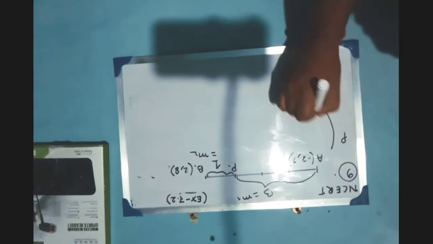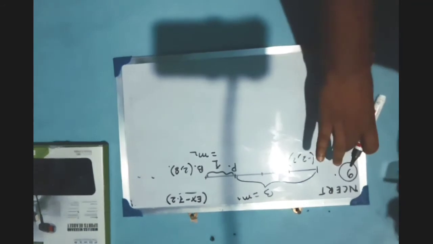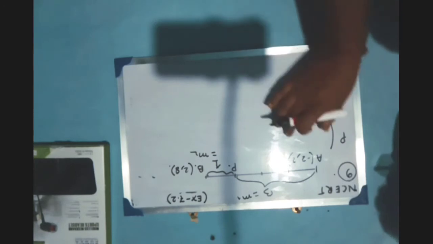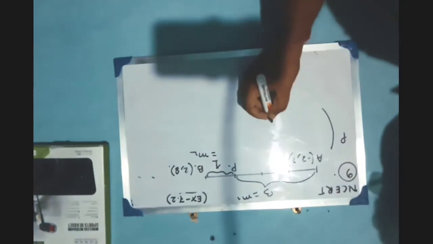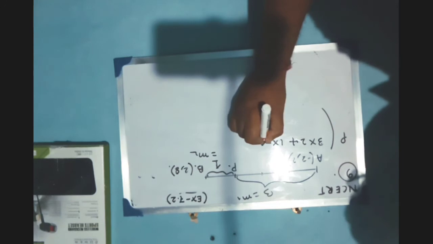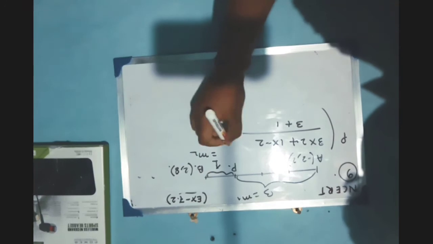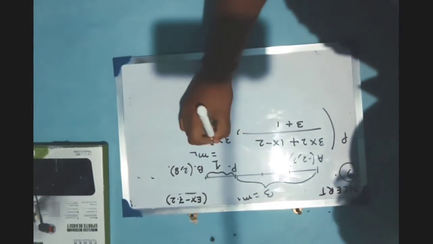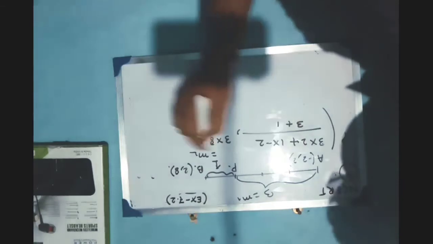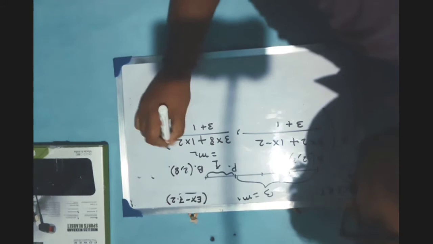So coordinate of P is equal to 3 into 2. We have to write the coordinate of P. I am just omitting that line and doing it directly, but you have to write the coordinate of P. So here, 3 into 2 plus 1 into minus 2 by 3 plus 1, comma 3 into 8 plus 1 into 2 by 3 plus 1.